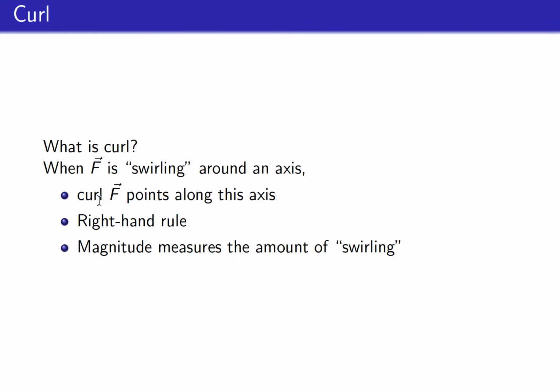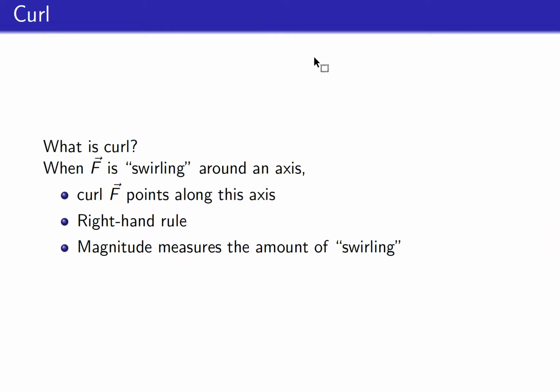Curl of f is always going to point along the axis of that swirling. It's got a right-hand rule to it. So if you've got your right hand and you point your fingers along the swirl, your thumb will point in the direction of curl of f.